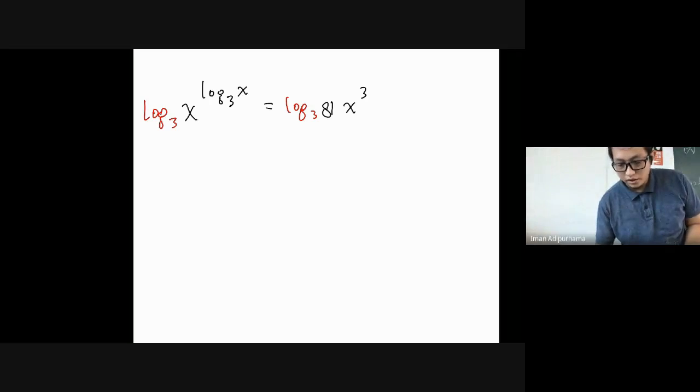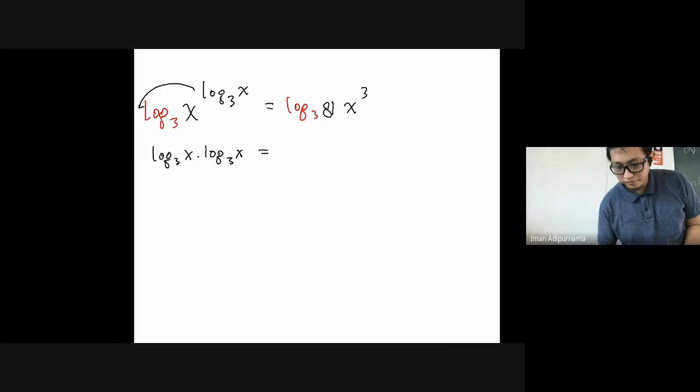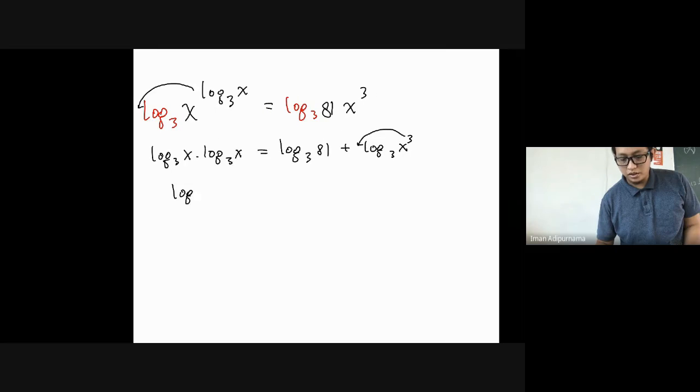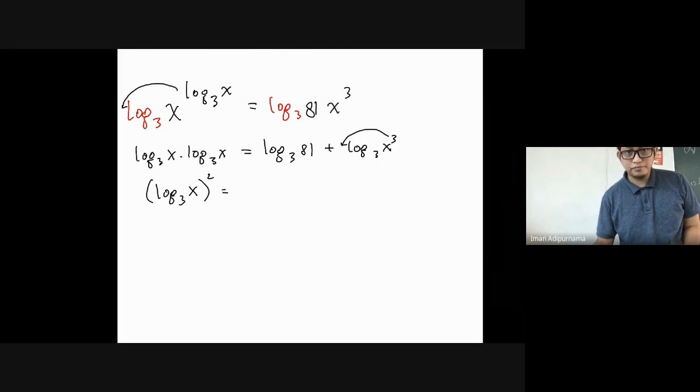So it's coming to the front, this part. So log 3x. And this part I want to make, one is 81, plus the other one is, and this is also, I can make it to the front. So log 3x is equal to, what is log base of 3, 81?